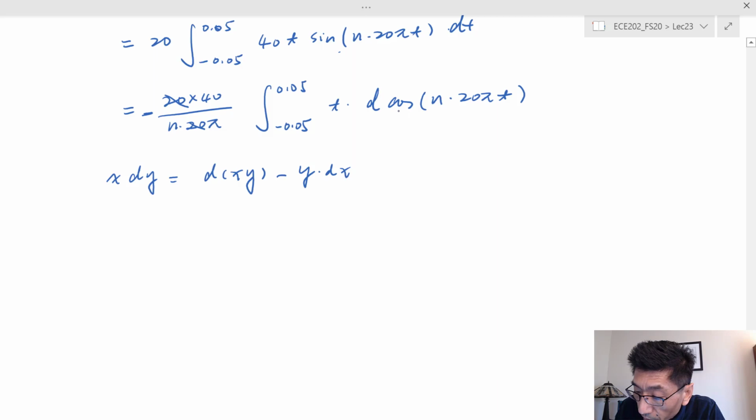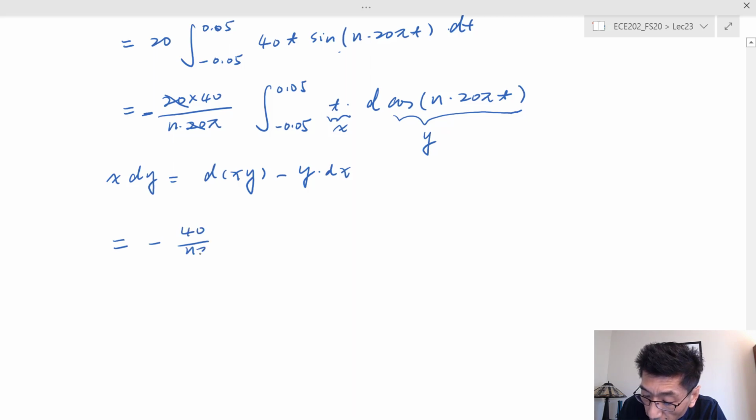If we treat this as x and treat this as y, we're going to have a negative 40 over n pi, because that 20 is canceled there, and we're going to have a t times the sine, because d(xy), we just evaluate that at the upper and lower limit, sine, not sine, cosine, because y is cosine.